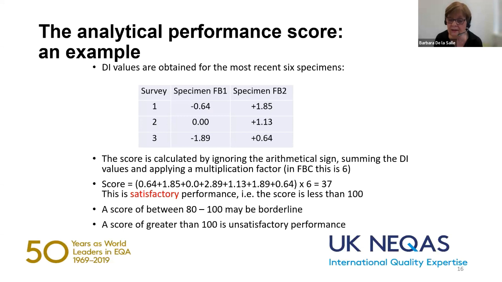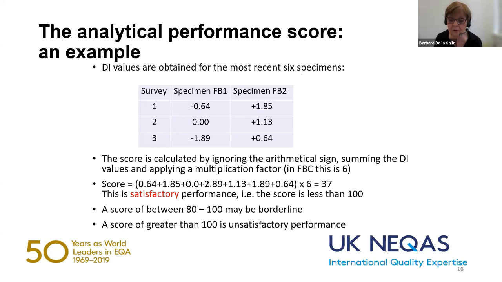We then use the DI, and again, you can get this from the participants manual, to calculate the analytical performance score. It is taken from the most recent 6 specimens, including the current survey. So we would take, for example, the most recent 6 specimens for which data has been returned. We remove the arithmetical sign, we sum the DI, and we apply a multiplication factor.